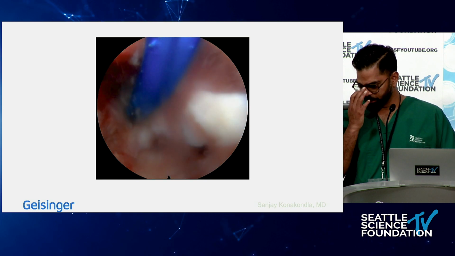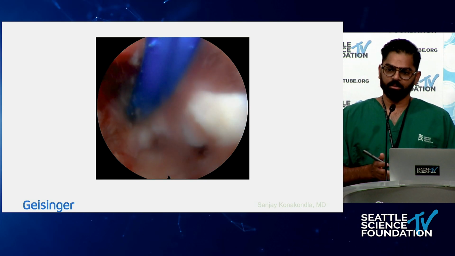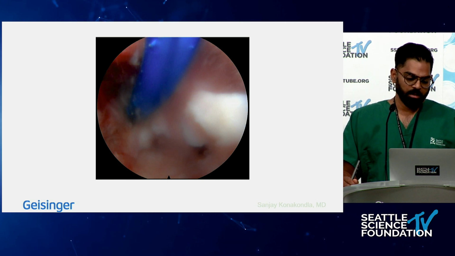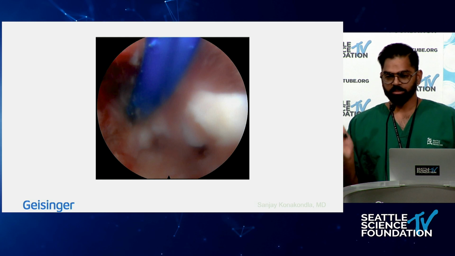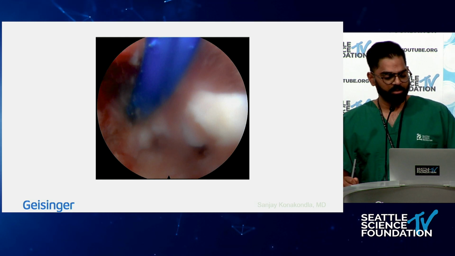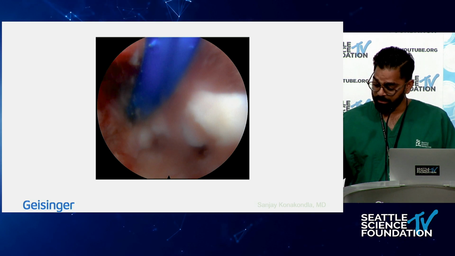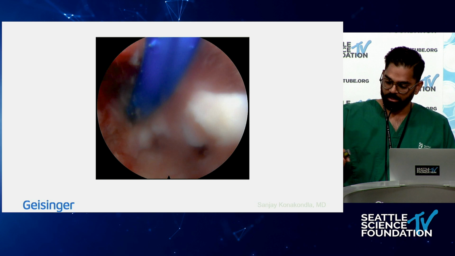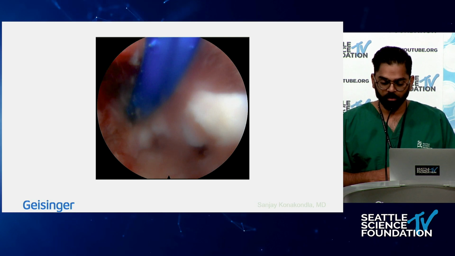Other ways to do this is some folks add epinephrine to their irrigation. We've talked about studying this. And if it's bone bleeding, you can sometimes stick bone wax in there and use a pituitary to push it down into the bone. Sometimes I like to take some tissue that's loose in there, stick it on the bone, and then bipolar over that hole.